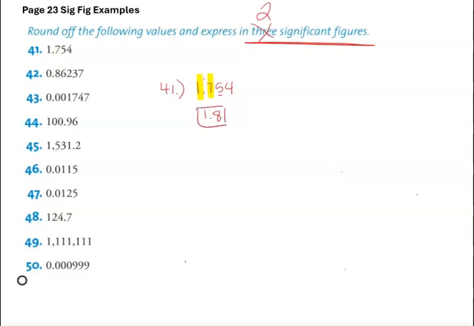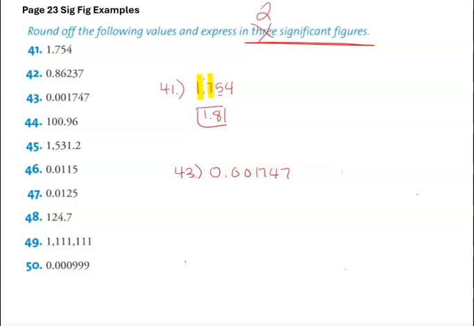Okay. Now let's do 43. And let's do 2 significant figures. So if we rewrite 43, 0.001747. Again, we're trying to do 2 significant figures. Those first zeros are going to just be placeholders because we don't have any non-zero number to the left of those zeros, even though we have zeros on both sides of the decimal.